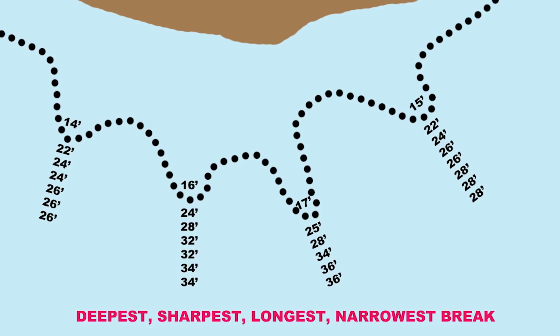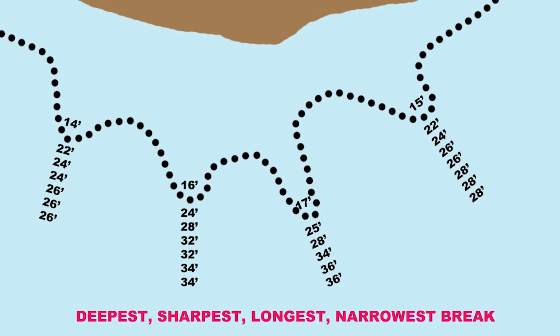So we've got a bar here with four fingers coming off of it. One breaks 14 feet to 22 feet, and you can see it gradually goes to 26 feet, and we got another one breaking 16 to 24, gradually goes to 34 feet. We've got another one goes 17 to 25, and it gradually breaks to 36 feet, and the other one there 15 to 22, gradually breaks to 28 feet.